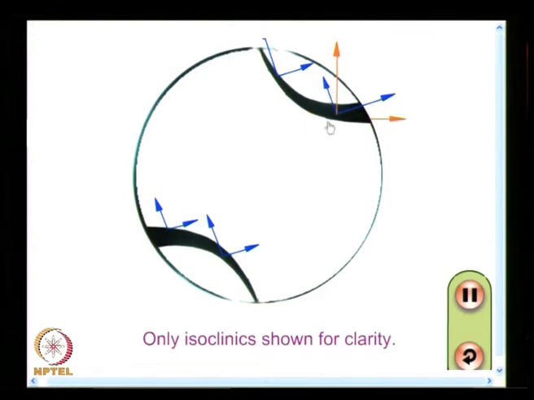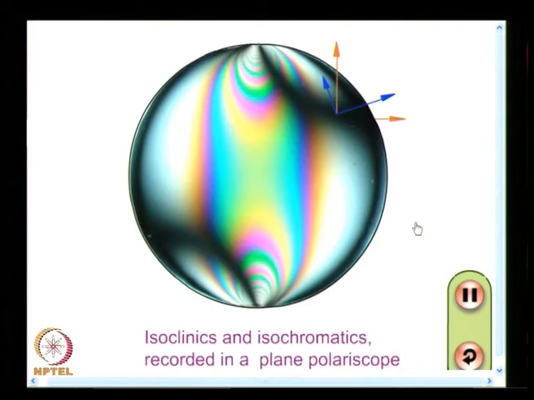What is attempted to be shown here is that sigma 1, sigma 2 can have different values, but the orientation remains constant. And if I see what happens in a plane polariscope with white light as illumination, I see the isochromatics superposed with the isoclinic, and this is what you see as isoclinic.